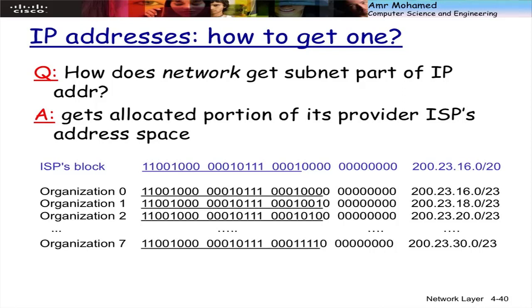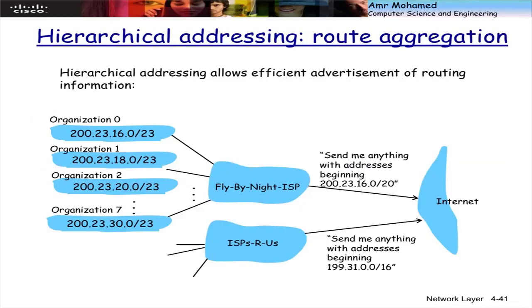We talked about classless interdomain routing. We said that the subnet mask needs to be used together with the IP address, and it needs to be stored in the routing table in order to allow us to perform packet forwarding based on the subnet mask.